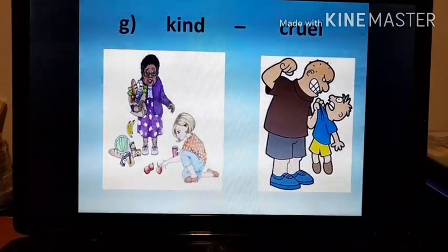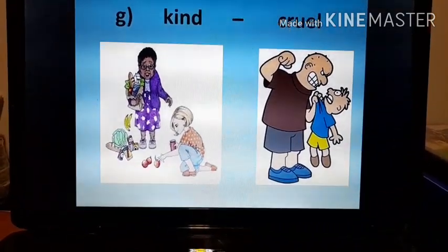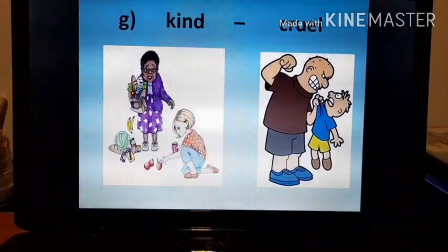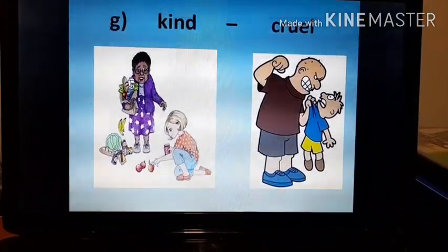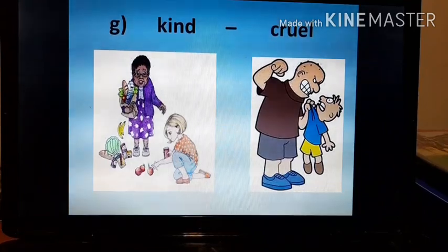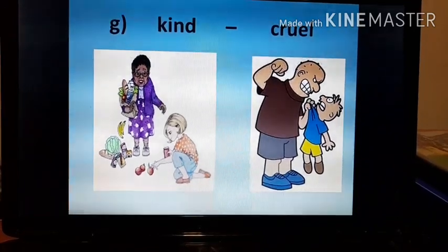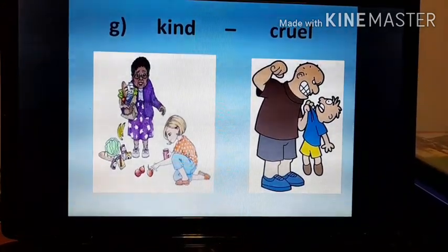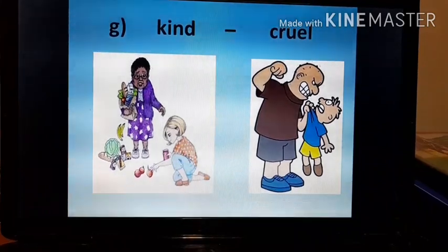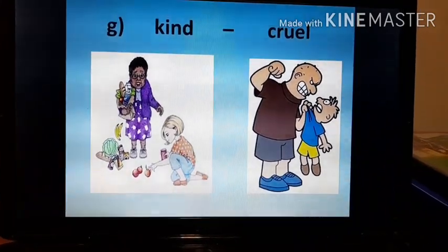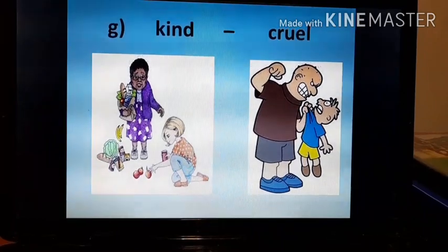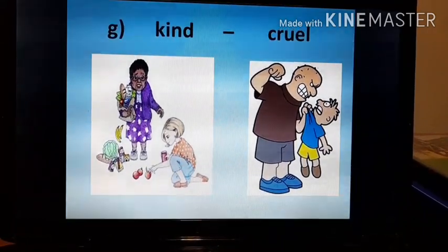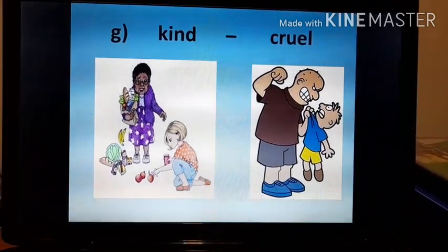Kind means the person who is helpful, right, to others, who help others. In the first picture you can see a girl is helping an old woman, right? She's picking the apples and other things from the ground and offering to the old woman.